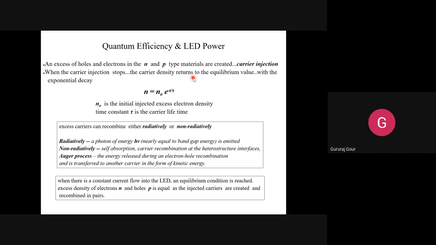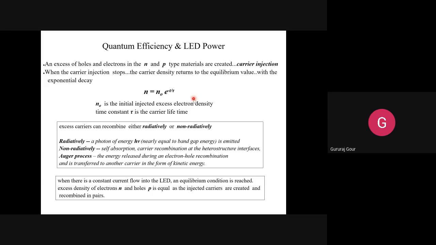So we represent the excess holes or electrons in N and P type materials, which are actually created by this carrier injection. As I just mentioned, after the carrier injection, after some time has lapsed, the density of these majority carriers in the top and bottom layers will reach equilibrium value with an exponential decay.